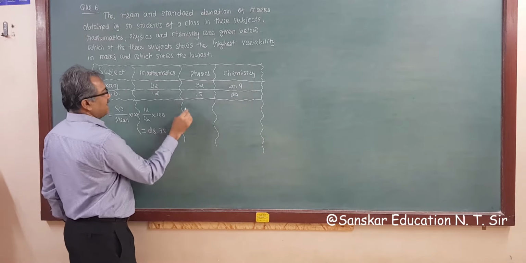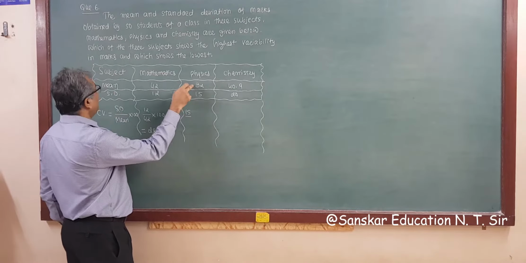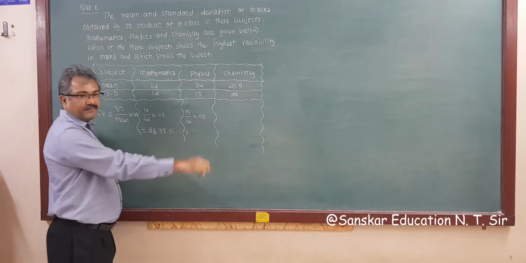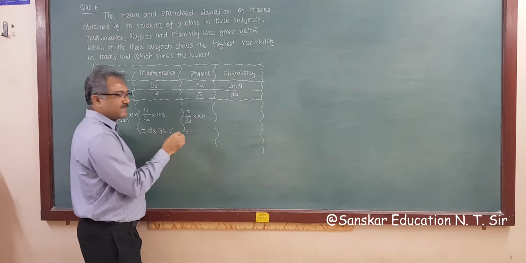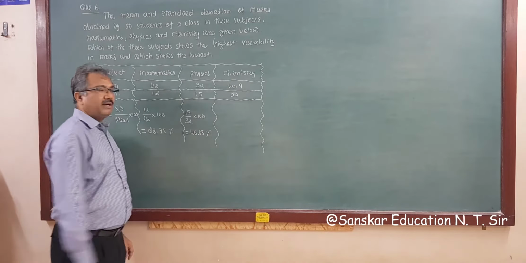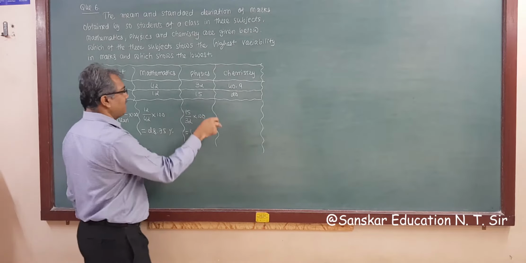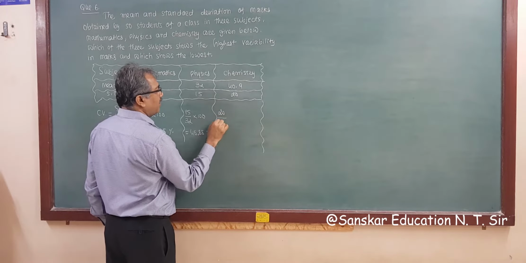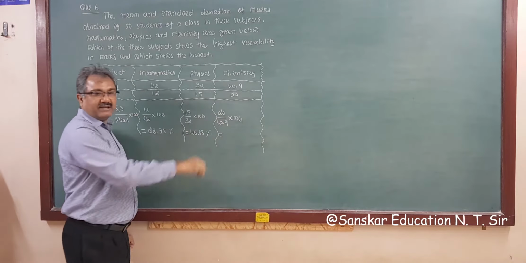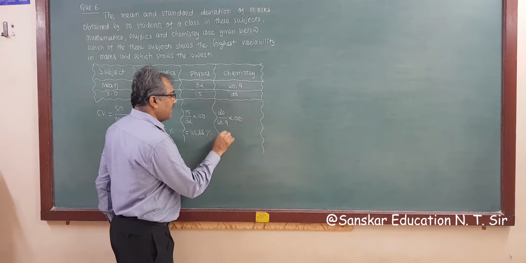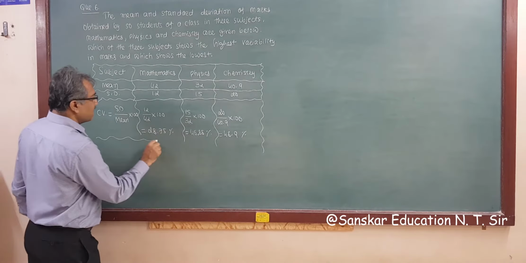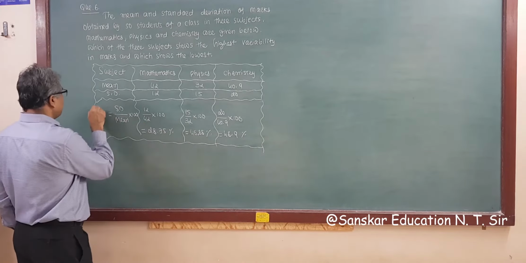SD is 15 upon mean 32 into 100. If we simplify this, you will get 46.88% CV. And for chemistry it's 20 upon 40.9 into 100. If we simplify this, you will get 48.9%. So these are the CV for mathematics, physics and chemistry.